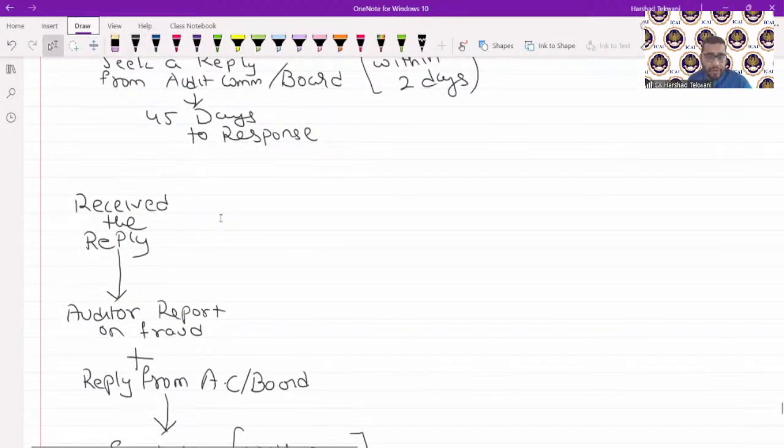But what if you don't receive the reply? If you don't receive the reply within 45 days, then forward your report to the central government along with a note that you haven't received the reply.